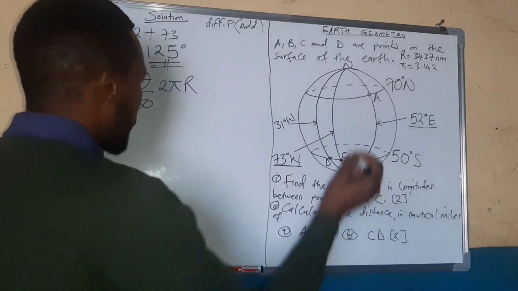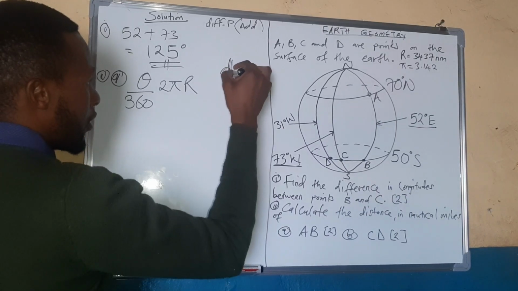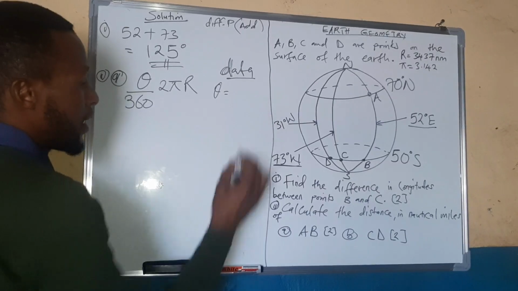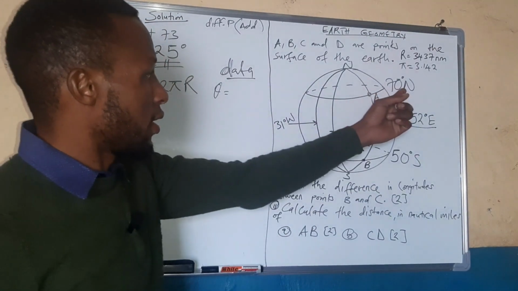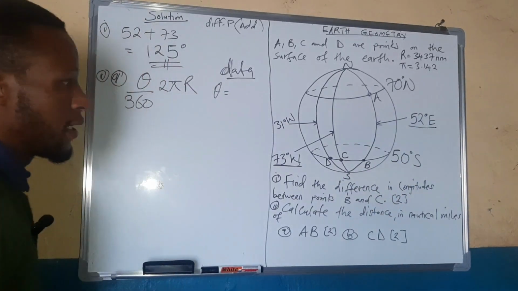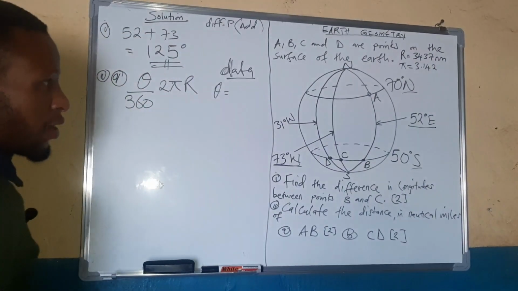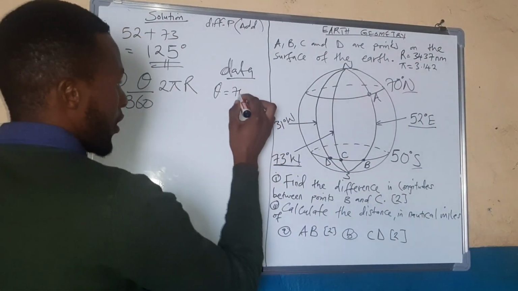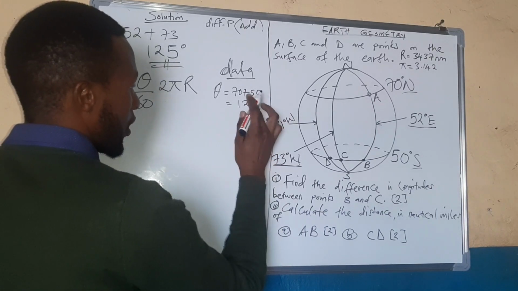Here, theta represents their difference in latitudes. A is on 70 degrees north, B is on 50 degrees south. Different poles, north and south, so we add: 70 plus 50 gives 120 degrees.